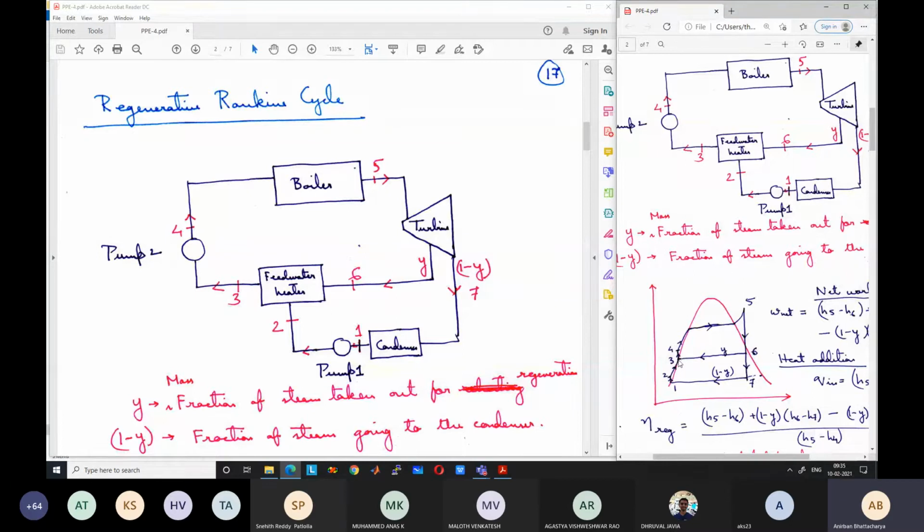It will be at some intermediate point. So we also have to bring the water at point 2 to the saturated liquid at point 3. So we need to know the exact amount of energy required to increase the water temperature from 2 to 3. Now can you say how Y will be determined?